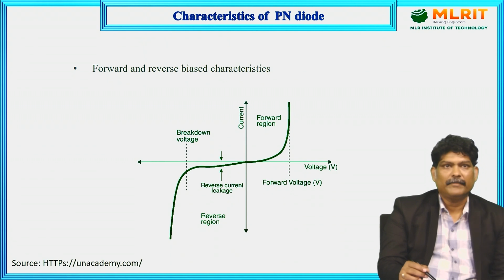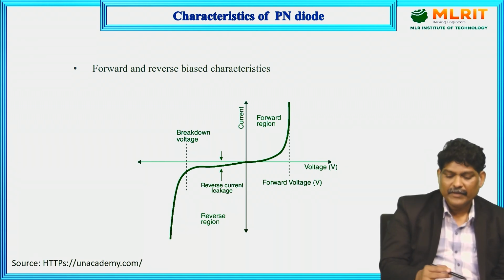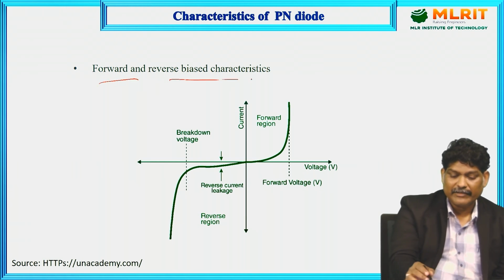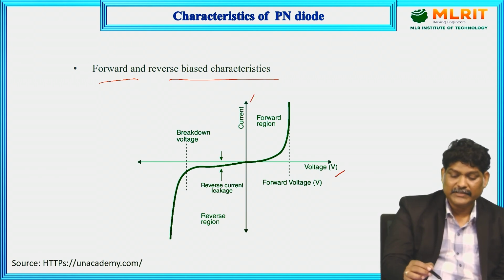Now, how do the forward bias and reverse bias characteristics behave in the PN diode? They are given like this. On the x-axis we consider the applied voltage, and on the y-axis we consider current.